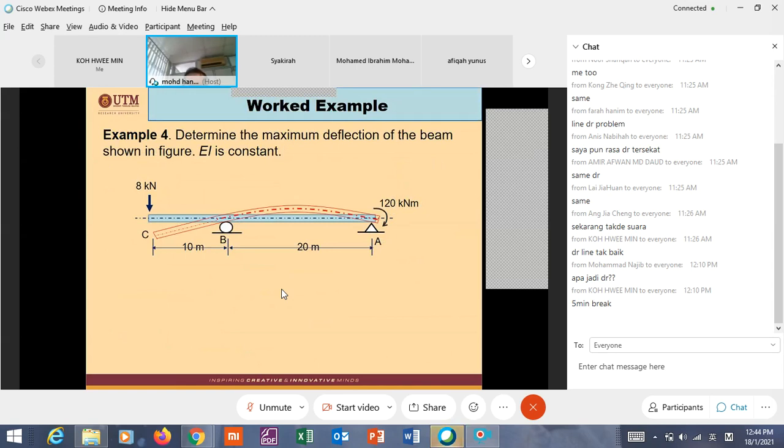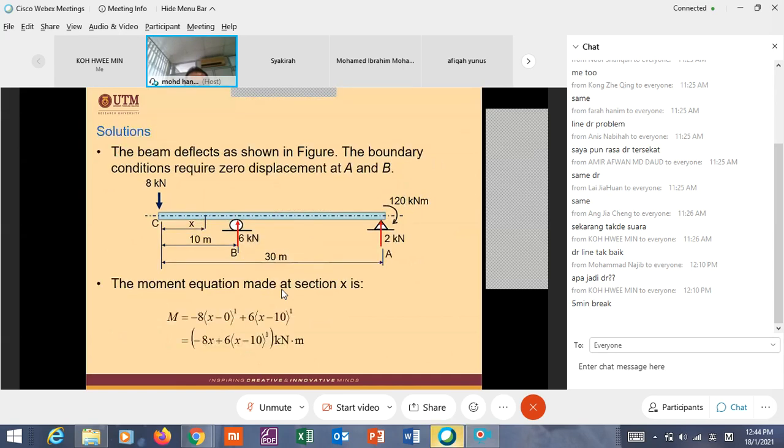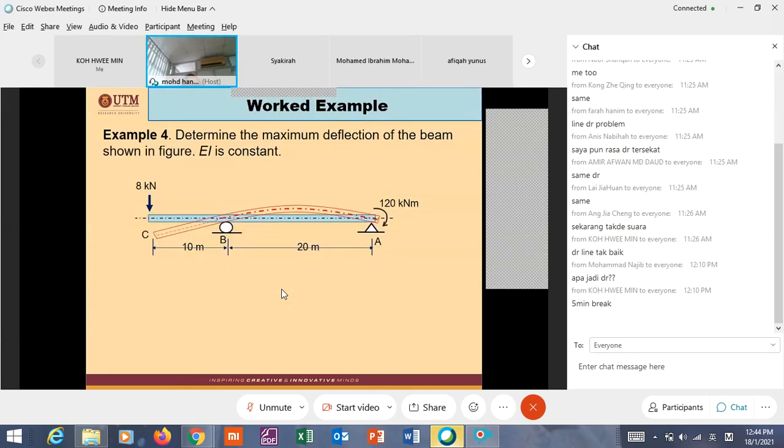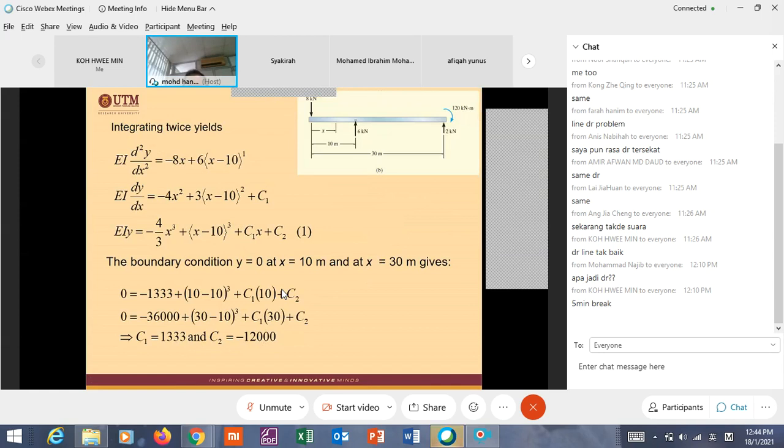Anybody of you notice what is the reaction RB and RA? What is RB and RA? Because we have 120 kilonewton meter here. I check.